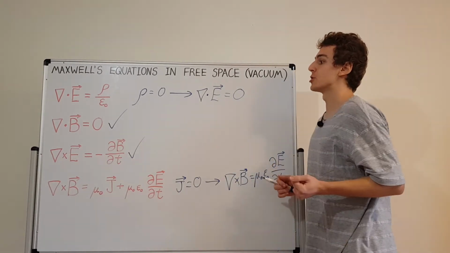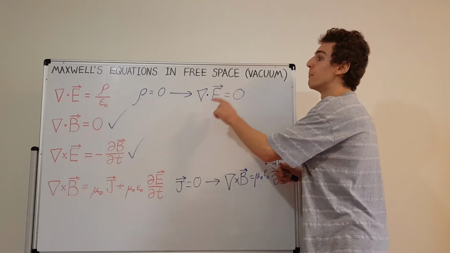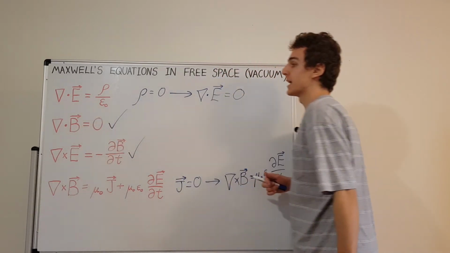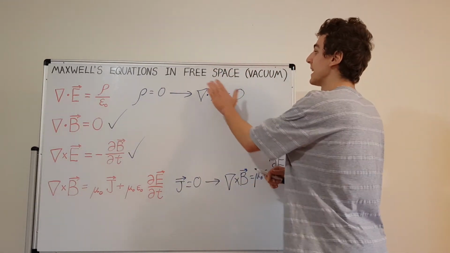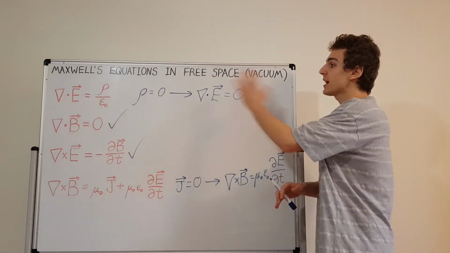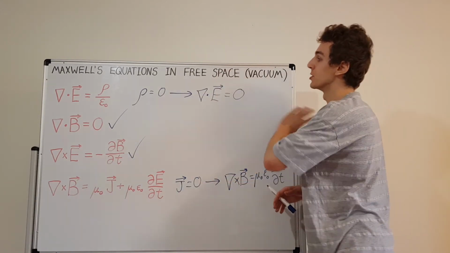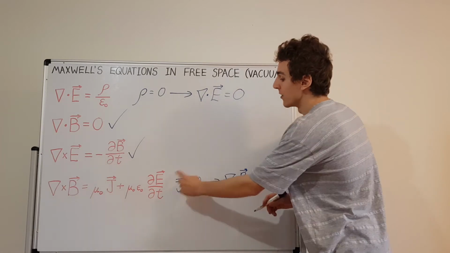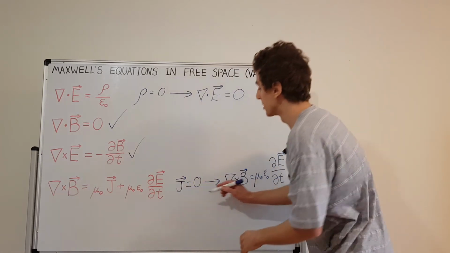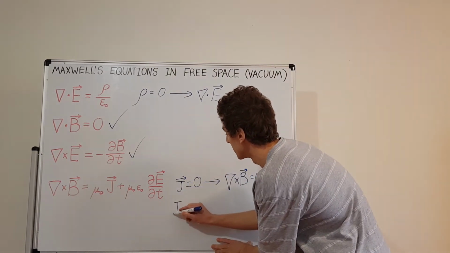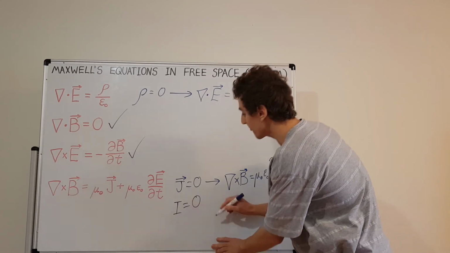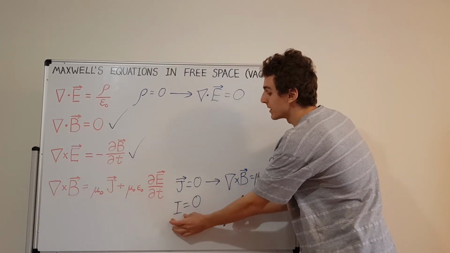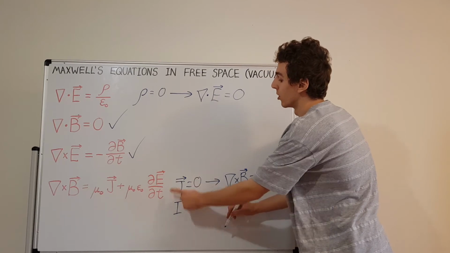But what about divergence? Divergence is 0 for both the electric and the magnetic field. This is only valid in a vacuum. So a vacuum is a special case where there's no charges and thus there's no currents, right? And if there's no currents, this vector is going to go to 0, right? So this is the same as saying the current is equal to 0. And this guy can actually be written as the surface integral of J, right?